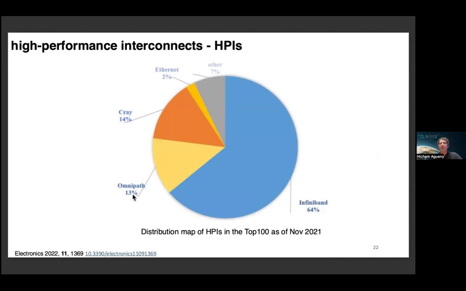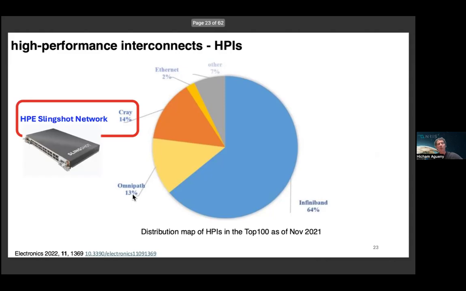So in the rest of this presentation, we will focus on the HPE Slingshot network, simply because our new system will be based on HPE. We'll use the HPE Slingshot network.